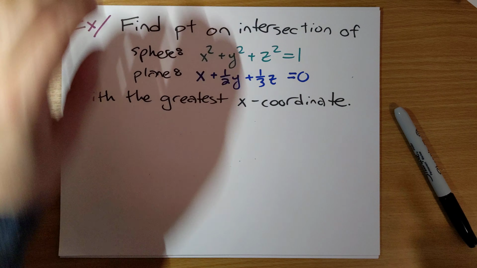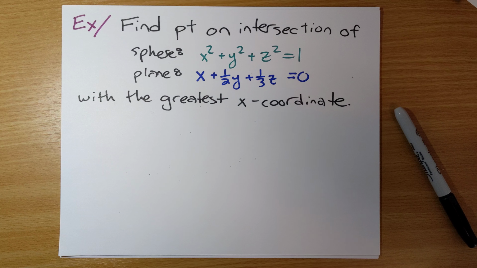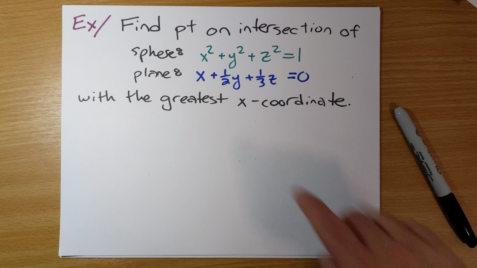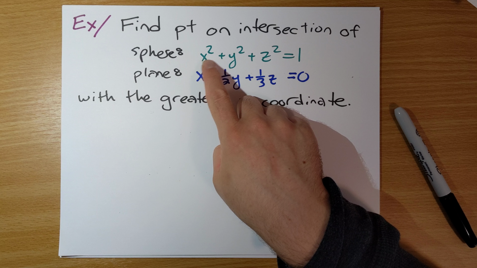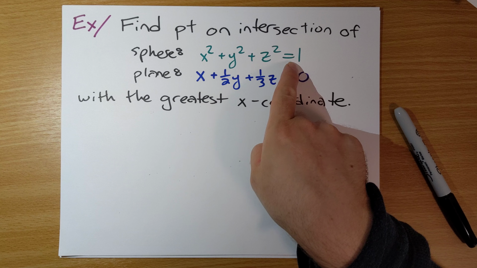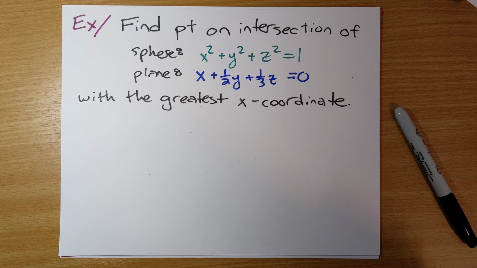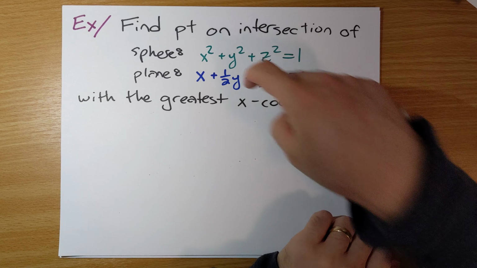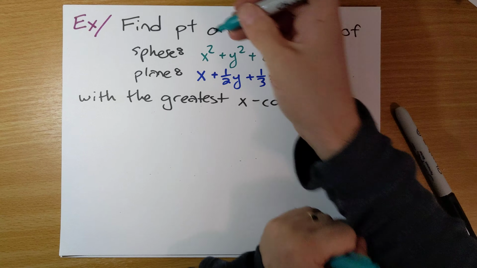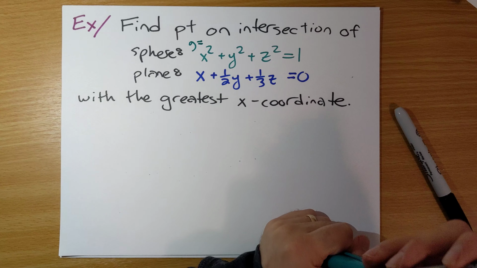Let's work out a problem where we apply this. Find the point on the intersection of the sphere, x squared plus y squared plus z squared is equal to 1, with the plane x plus 1/2 y plus 1/3 z is equal to 0. So find the point with the greatest x coordinate. So we can see here, this is giving us g.